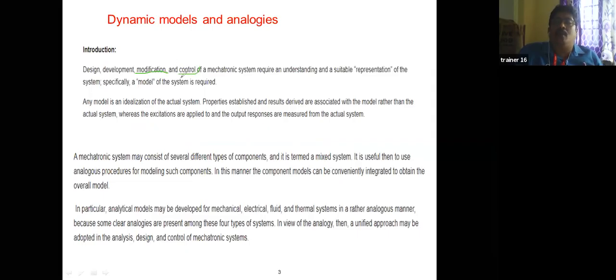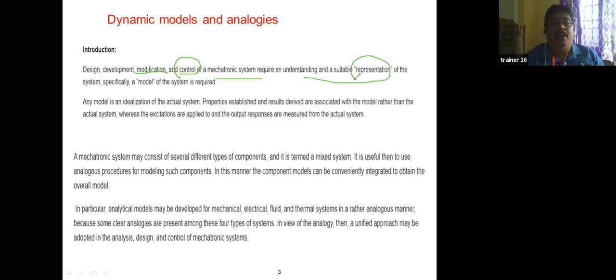So here this control is automatic control, to regulate the output according to our given inputs. A mechatronic system requires an understanding and a suitable representation. So here we have to give a suitable representation, and that is called a dynamic model.